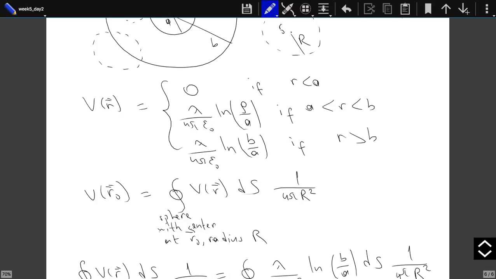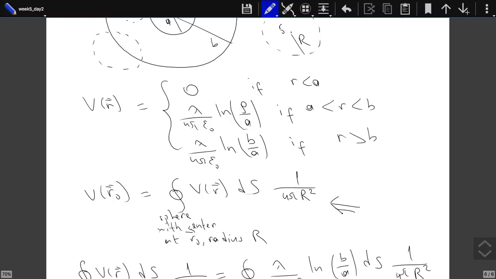So we have this result, but there are conditions for this result to be valid. One thing, the surface has to be a sphere. If the surface is not a sphere, we don't have this equality. Second thing, the potential has to satisfy the Laplace equation, not on your surface, but everywhere inside your surface.